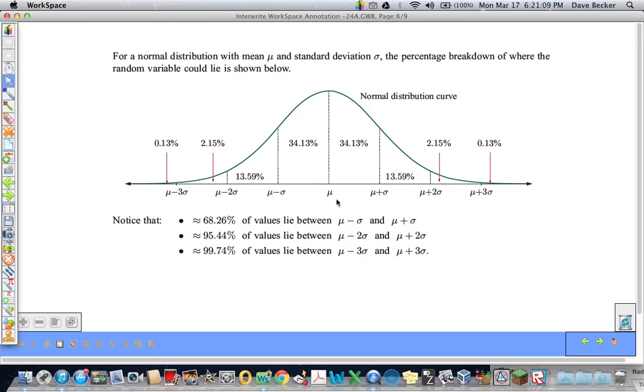And you can see how it progresses on down the line. Make sure you understand that between 1 and 2 standard deviations is 13.59%, between 2 and 3 standard deviations is 2.15%, and greater than 3 standard deviations is 0.13%. It's symmetric, so the same thing goes for below.